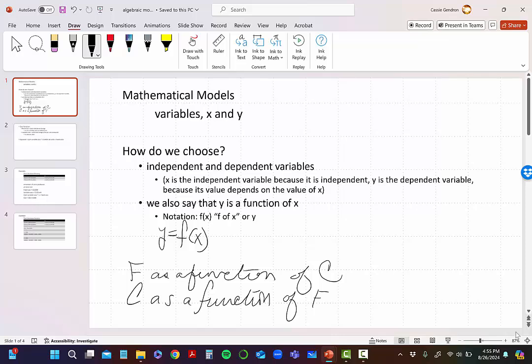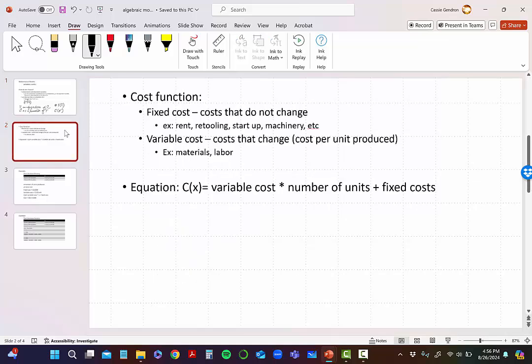So y is the function of x, f of x, the variable as a function of c. So this is f with c as the variable, and this is c with f as the variable. So that is a little bit about notation, a little bit how to read this stuff.